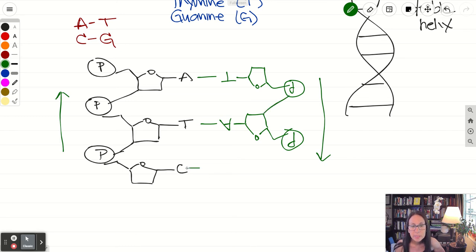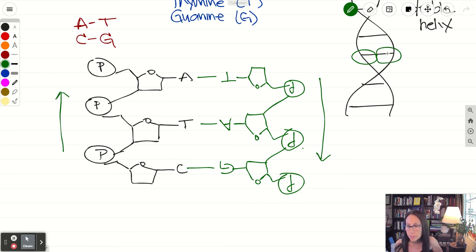This C binds with G. Okay, so here's the upside down G, and that binds to the sugar, and that binds to the phosphate group, that binds to this. So here is our ladder. And so what I want to point out with this twisty ladder here is one nucleotide is circled here, another nucleotide is circled here.